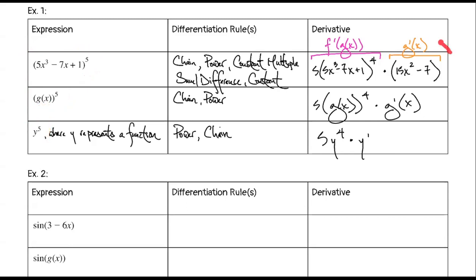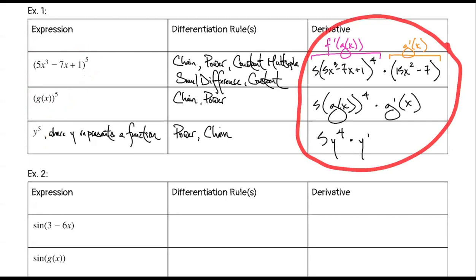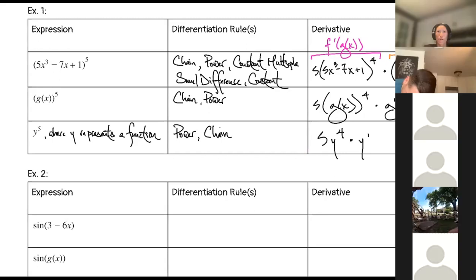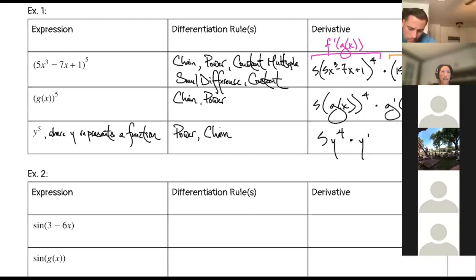And it turns out that all 3 of our derivatives follow the same pattern, 5 something to the 4th times the derivative of that something, but we just were able to fill in less and less when we had less and less information. So if you want to give me a quick thumbs up or thumbs down in the video, on your screen, I can kind of see how we're feeling.